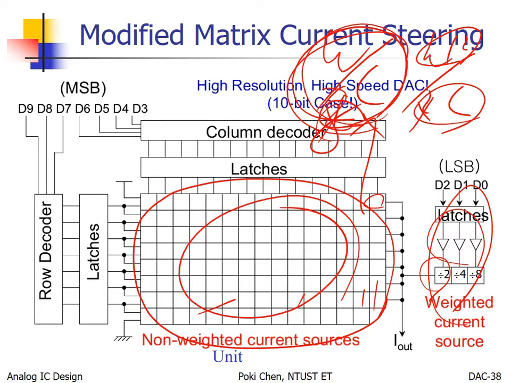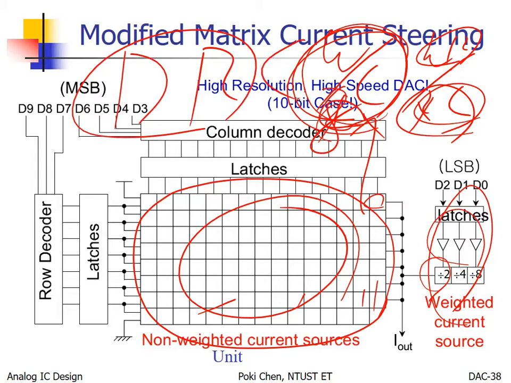Usually, we will enlarge the length until the maximum. For our process, we have design rule, right? According to design rule, you will know how long for each transistor the maximum length will be.